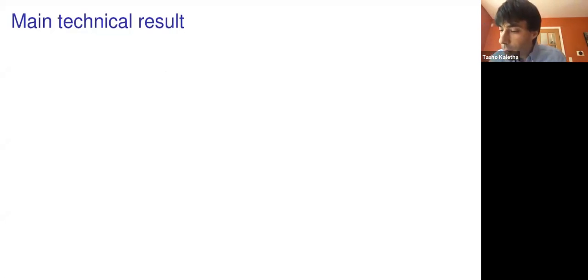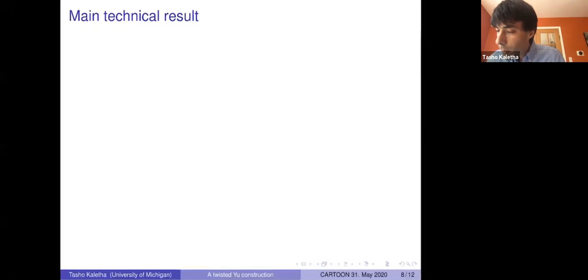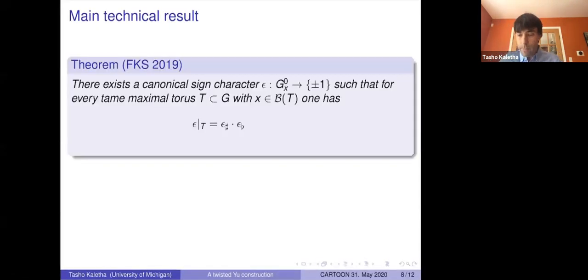So the main technical result is that there does exist a canonical sign character on the stabilizer of X in G0, whose restriction to any maximal torus whose building contains X is the product of these two sign characters, epsilon sharp and epsilon flat.